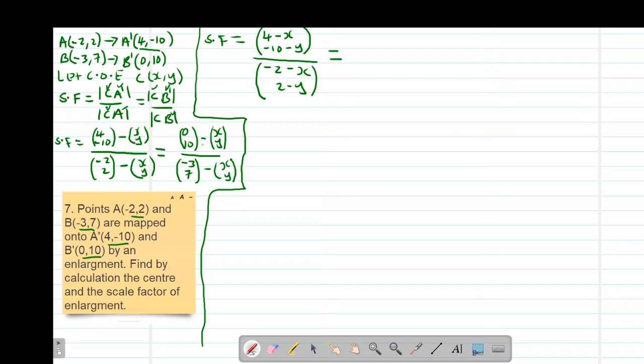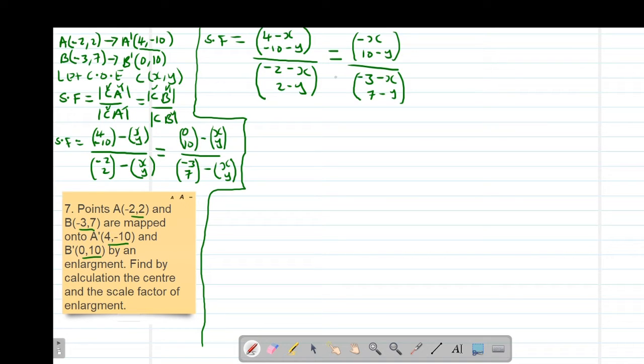This should be equal to 0 minus x, which is just -x, then 10 minus y, divided by -3 minus x, then 7 minus y. So these two ratios should be equal.